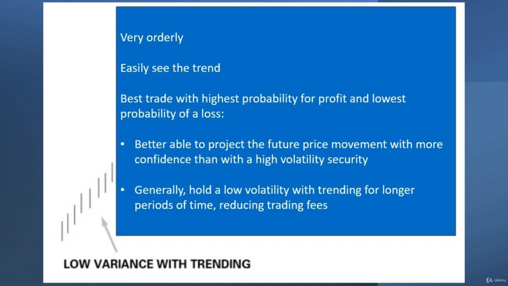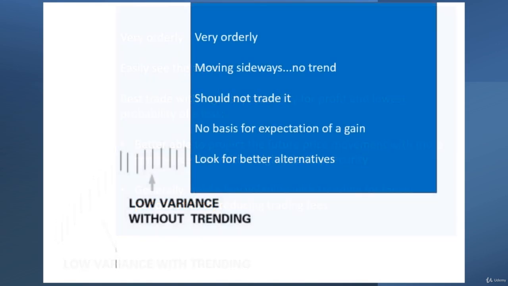You can let it ride a little bit because you're not getting a lot of ups and downs. It's trending in a certain direction. That trend could be either up or down, by the way. This happens to be low variance with trending, and as you can see, we're definitely in an upward trend. So if we bought earlier, we could feel confident that that trend is going to continue, and that's all very orderly.